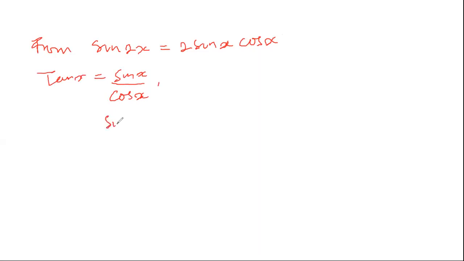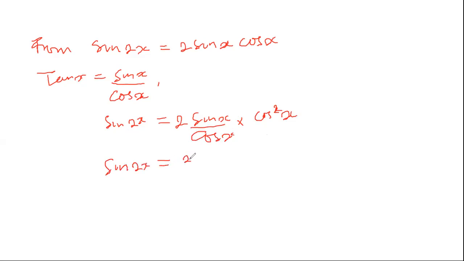So we shall have sine of 2x giving us 2 sine x divided by cos x in order to create a tan, then times cos squared x, so that if we cancel out these ones, it would remain the same. So here sine of 2x would give us 2 tan x, then times cos squared x.